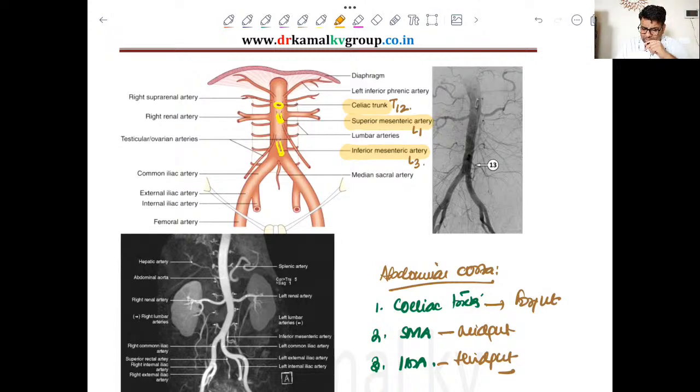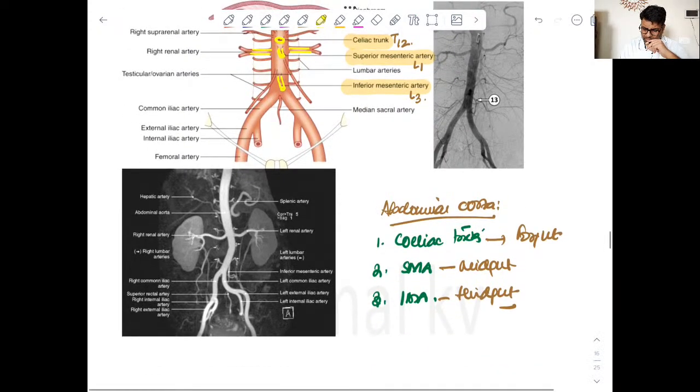And then of course it is quite easy for you to mark out the two renal arteries, the right renal artery and the left renal artery. So just remember this much. And in this angiography you can see this is the right renal artery, this is the left renal artery. This curved one is the splenic artery here.